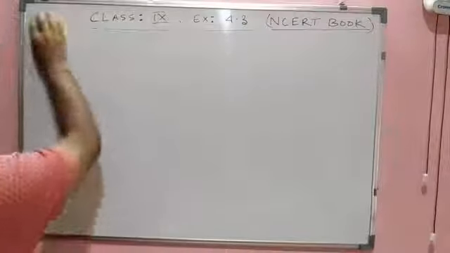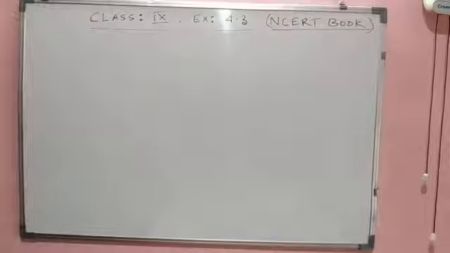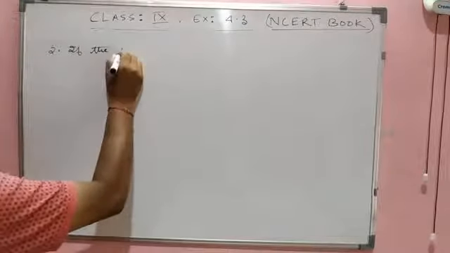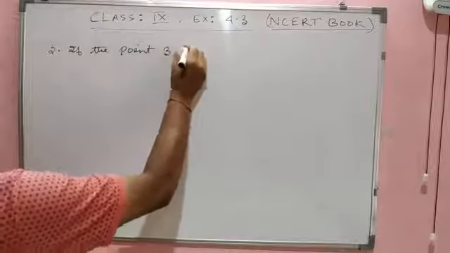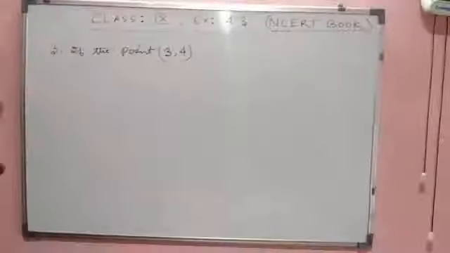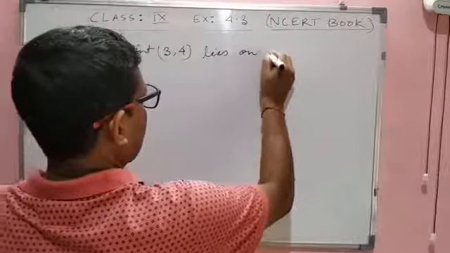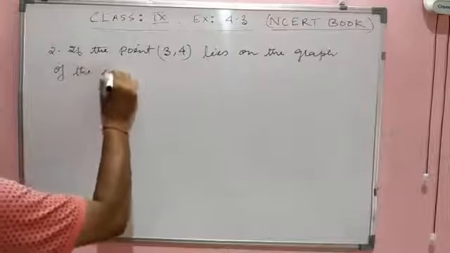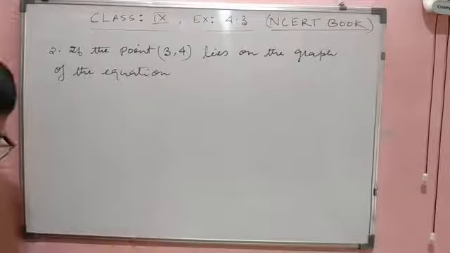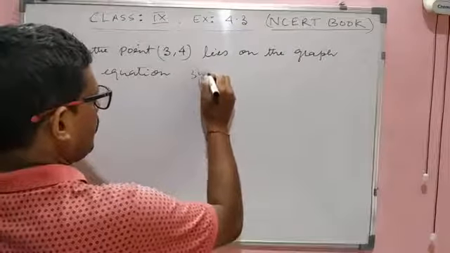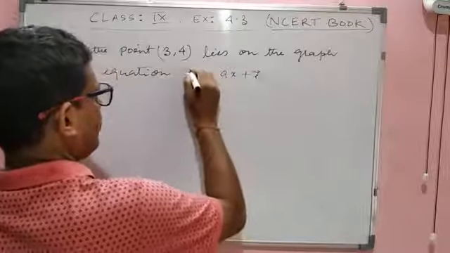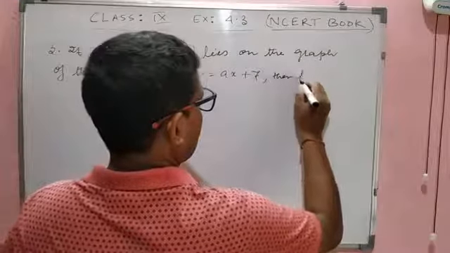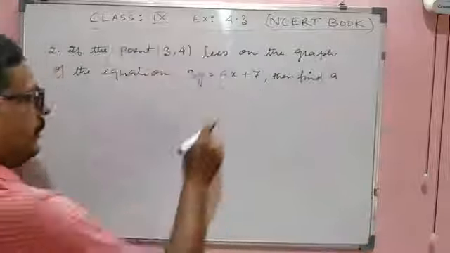If the point 3, 4 lies on the graph of the equation 3y equal to ax plus 7, then find a. Then you have to find the value of a.